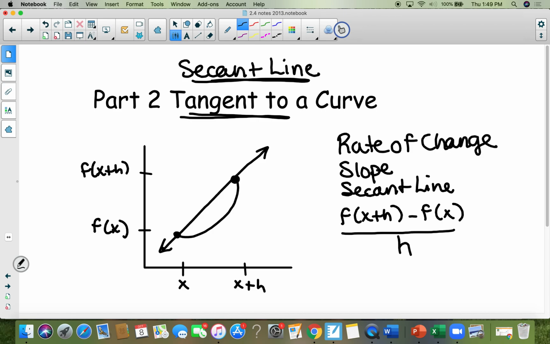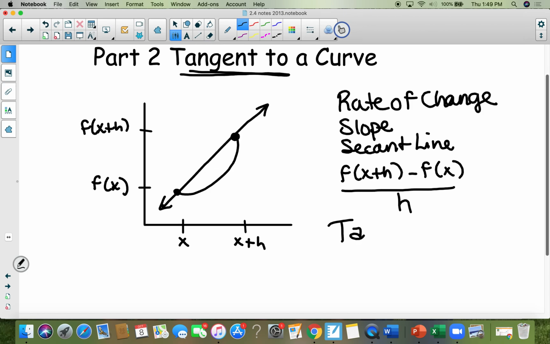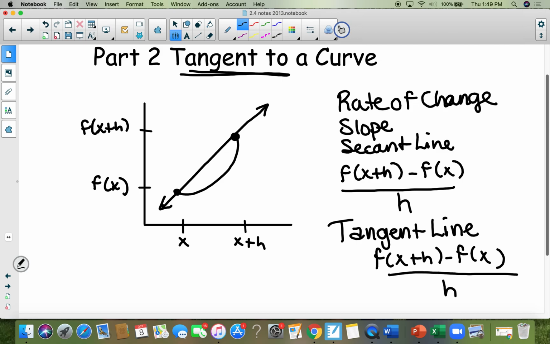Now, we are going to add the tangent line on here. The tangent line is f of x plus h minus f of x all over h as the limit as h approaches 0.